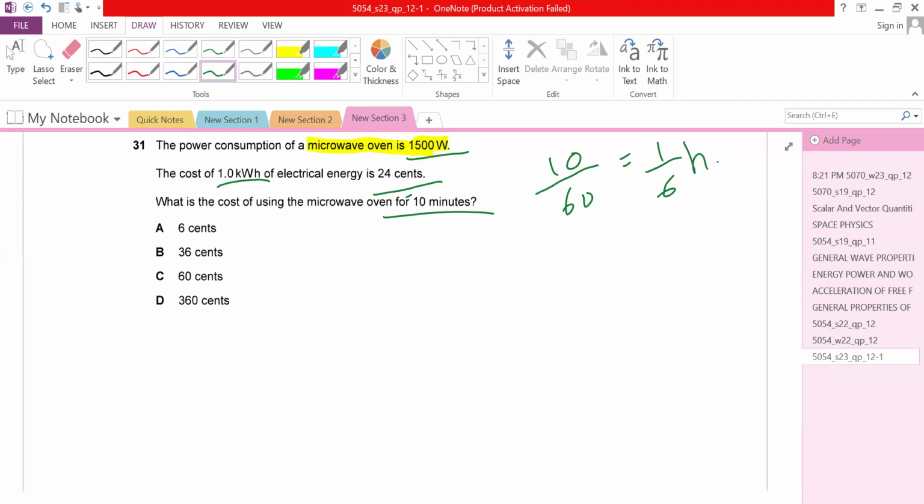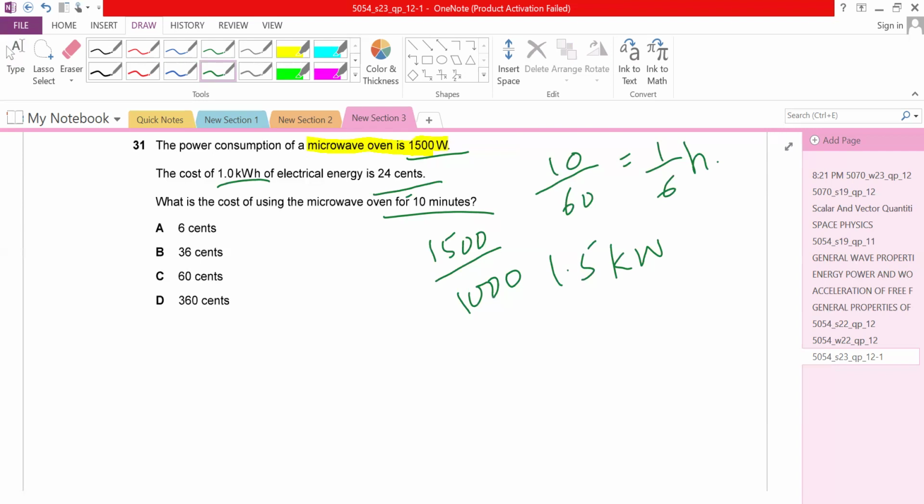Then what you have to do is convert this watt into kilowatt. For this, 1500 divided by 1000 gives 1.5 kilowatts, and the time is 1 upon 6 hours.